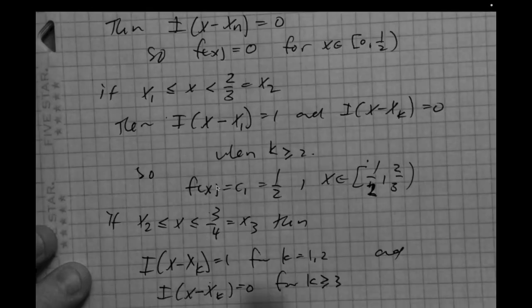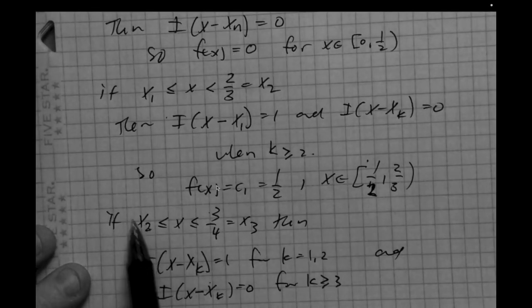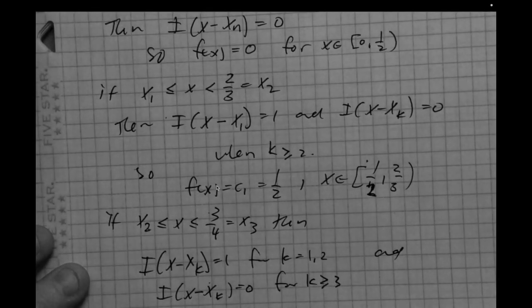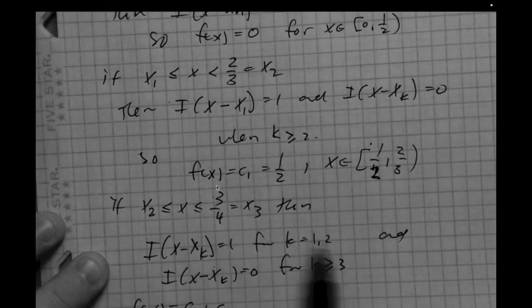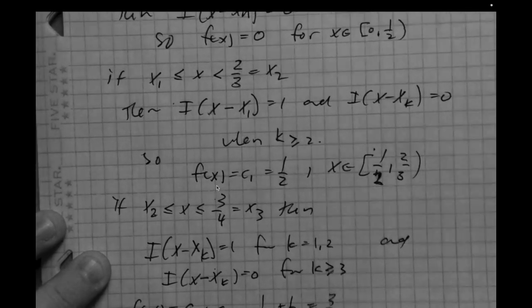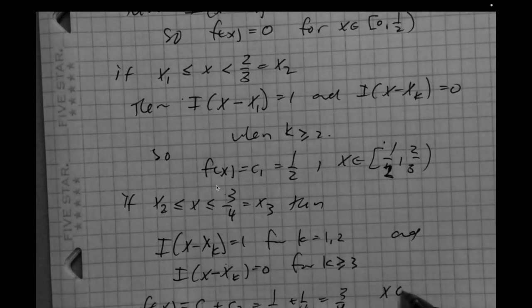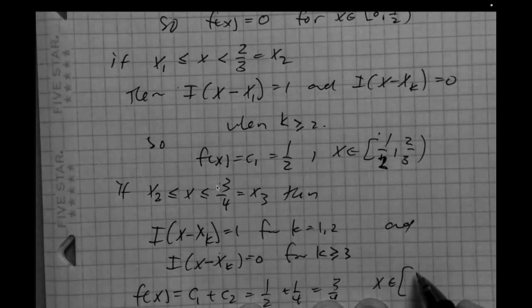So in this case, when x is between x_2 and 3/4, f of x would be equal to c_1 plus c_2, which would be 1/2 plus 1/4, which is 3/4. That's the value of f when x is between 2/3 and 3/4.